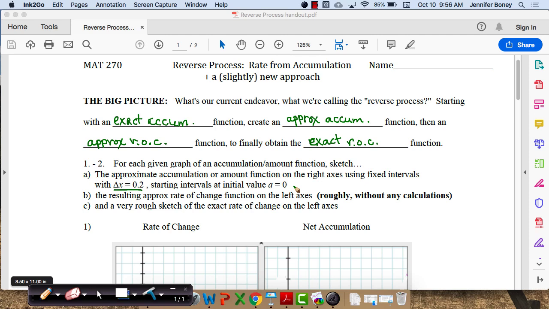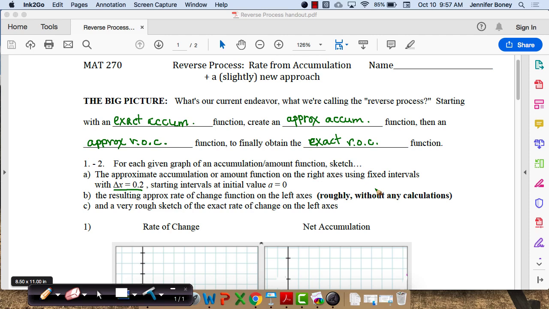Now, there's no y values on these, so don't worry about actually doing any computations, but just look at the relative sizes of things in order to first, after you've drawn the approximate accumulation, sketch roughly, without doing any computations, an approximate rate of change step function graph, and then think about what a more exact rate of change graph might look like.